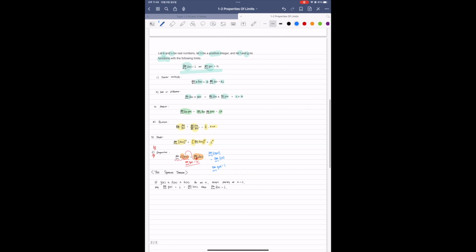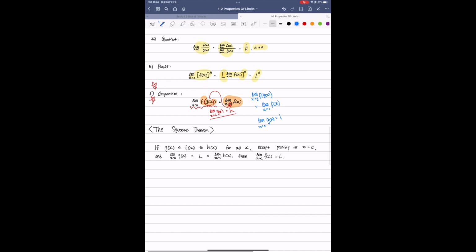Got it? And then the last one is the squeeze theorem.